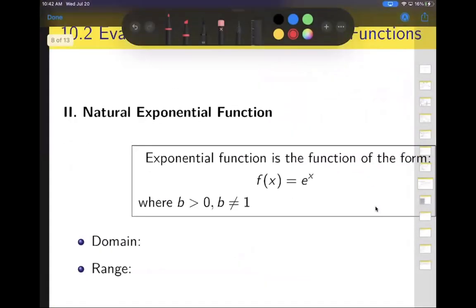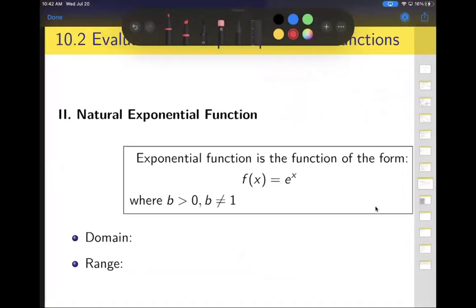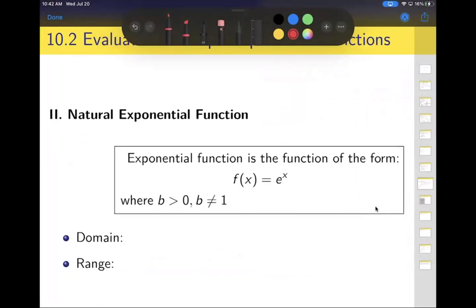Now, natural exponential function. It's just a fancy name for a somewhat special exponential function. This is a special exponential function, and it has the form y or f of x equal e to the x. Right. Again, e is a transcendental number. It's kind of like pi, right?